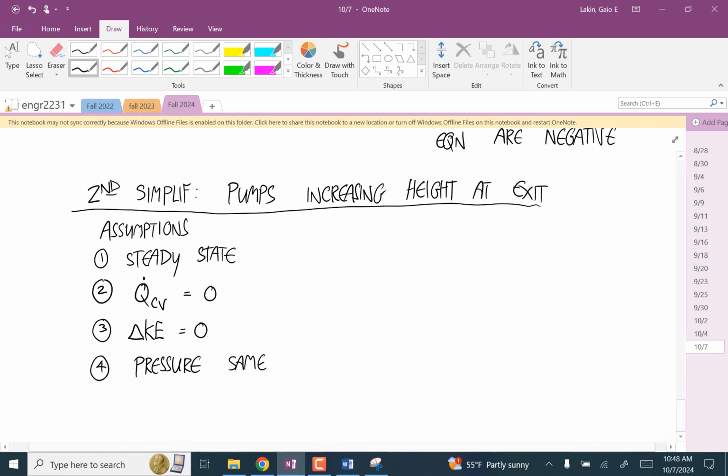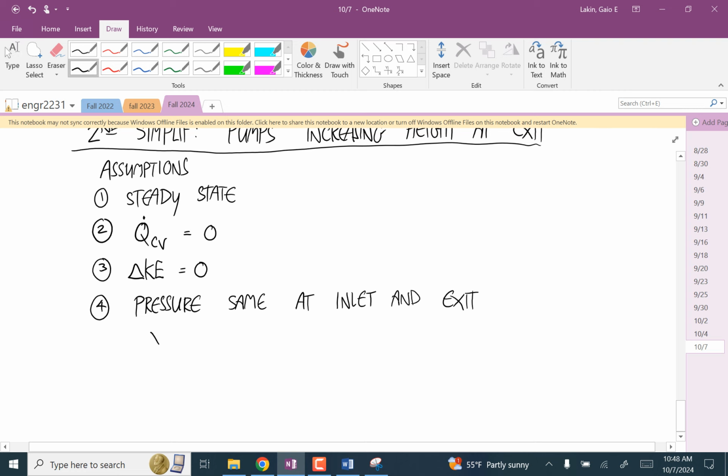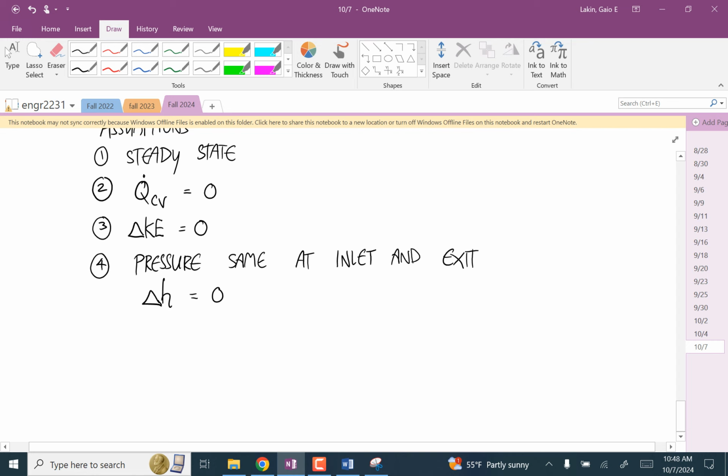So the pressure is the same. And so that means that there's no change in enthalpy. I guess really I should say the pressure, but also the temperature. You're just assuming the atmospheric conditions are the same at the inlet and exit. So there's no change in enthalpy.